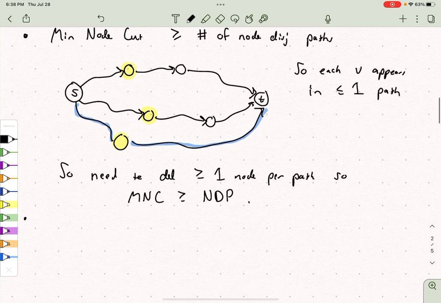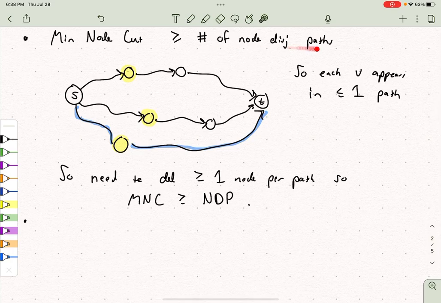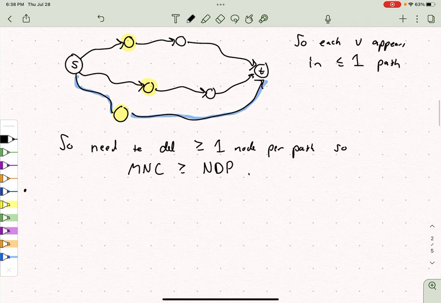Now we also need to show that the number of node disjoint paths is sufficient. So it's clear that we have to kill at least that many nodes, but how do we know that that's enough? Maybe we kill that many and there's still other nodes that need to be killed. And this is the hard part.